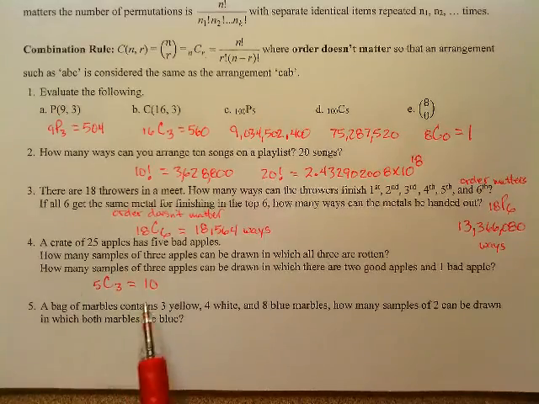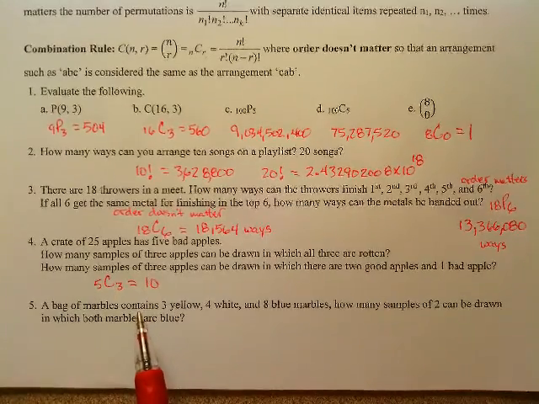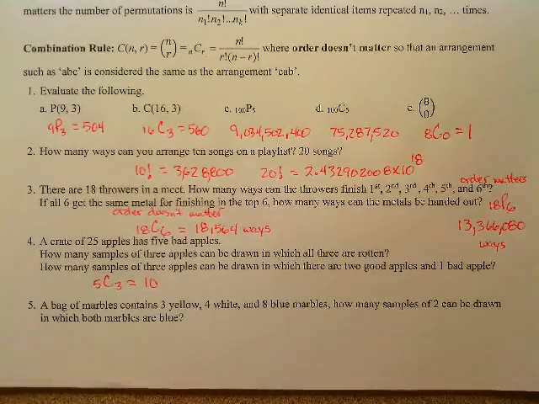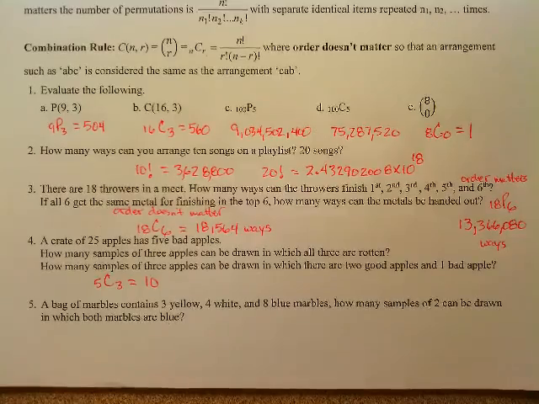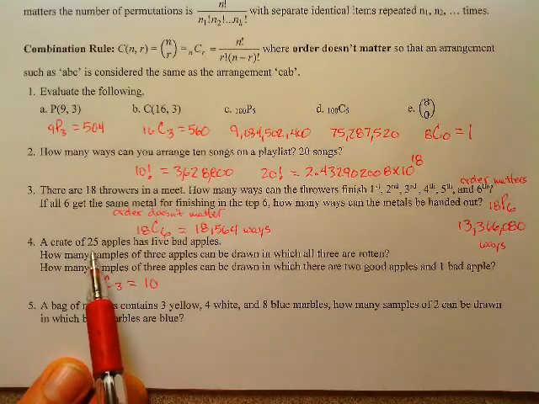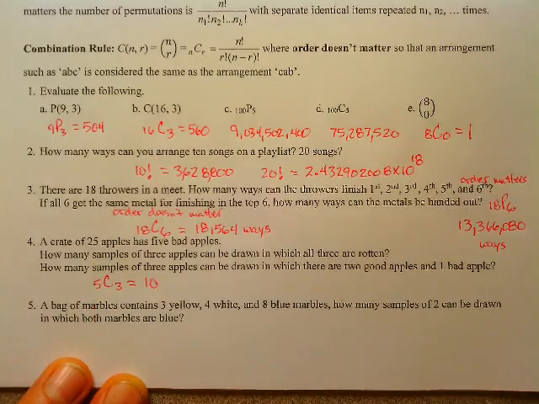That's really what it's asking, how many combinations can you have 3 bad ones? But there's only 5 total bad ones. Now, even though there are 20 good ones, we're not distinguishing between any of the good ones.